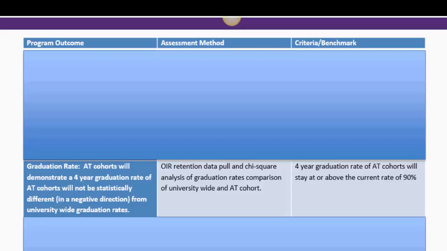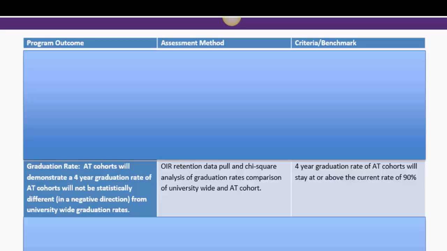Graduation rates, again, your outcome may be articulated in that the cohort will demonstrate a 4-year graduation rate that will not be statistically significant in a negative direction from university-wide graduation rates. And then again, another OIR data pull. The criterion for success or the benchmark would be that the 4-year graduation rate of AT cohorts will stay at or above the current rate of 90%.